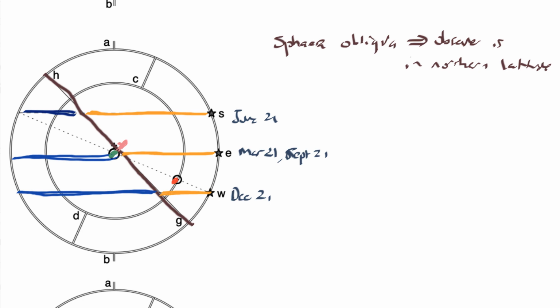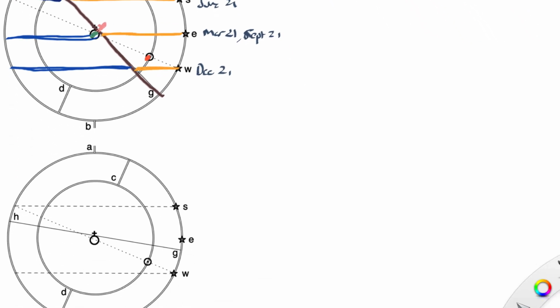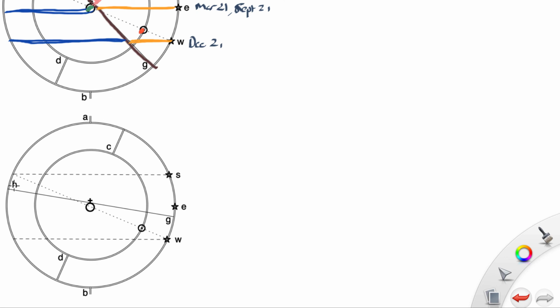Okay, now let's talk about the final diagram. In the final diagram, the horizon is at a much steeper or shallower angle, depending on how you want to talk about it. The Earth is once again at the center of the celestial sphere, but this is for the case where the observer, this is another case of sphera obliqua, is at very high latitudes.